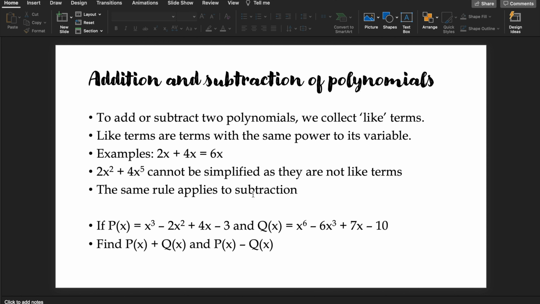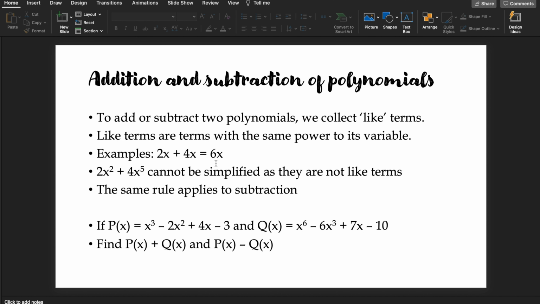So we're going to be working on the addition and subtraction of polynomials. In order to add or subtract two polynomials, we must collect the like terms. Like terms are terms with the same power on the variable. So over here we can add these two because the power to which the variable is raised is the same. In both cases, it's 1 and 1. So we can add the constants. So 2x plus 4x will give us 6x.